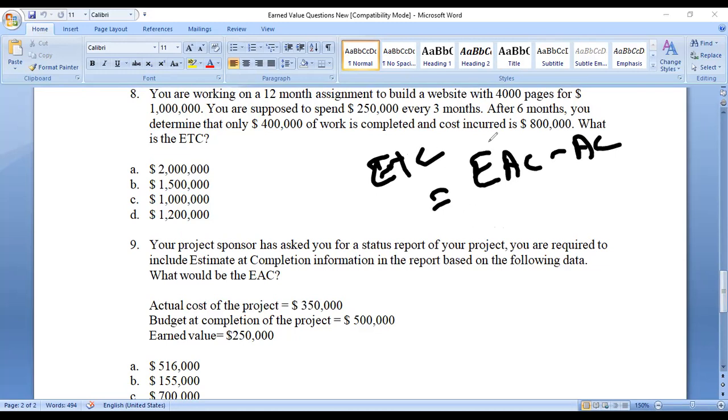So what is your answer? Whether it's 2 million, 1.5 million, 1 million, or 1.2 million. So what is the ETC? They're asking what is your estimate to complete from today, how much work you have remaining and how much resource you have remaining to complete the remaining work.